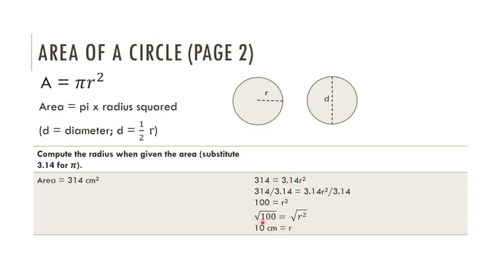And then we're going to get 100 equals radius squared. Now, we don't want the radius squared. We want just the radius. So the inverse operation of squaring is taking the square root, both sides. That eliminates that exponent. We're left with r. Square root of 100 is 10.